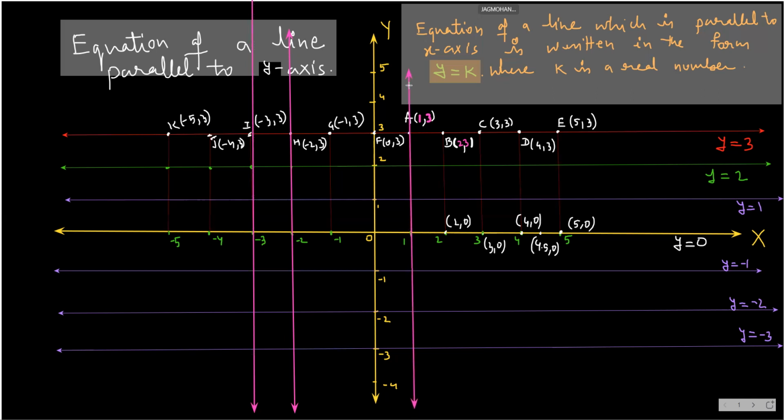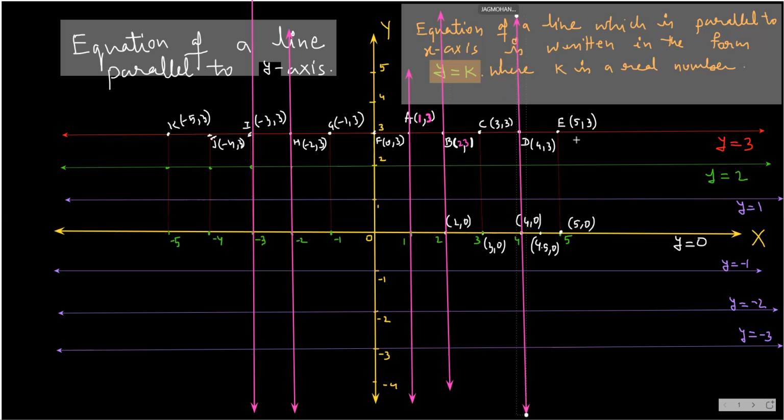See, the lines parallel to y-axis are on the right of y-axis and on the left of y-axis. Like the lines which were parallel to x-axis, they were above x-axis or below x-axis. Here you have lines on the right of y-axis and on the left of y-axis. These are lines parallel to y-axis.